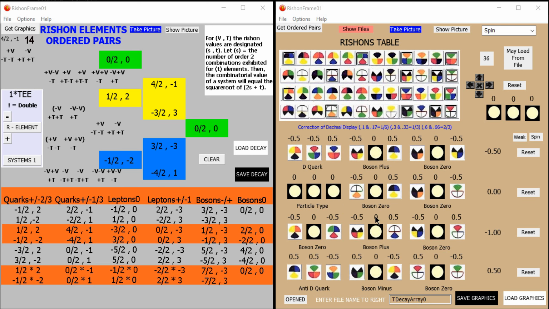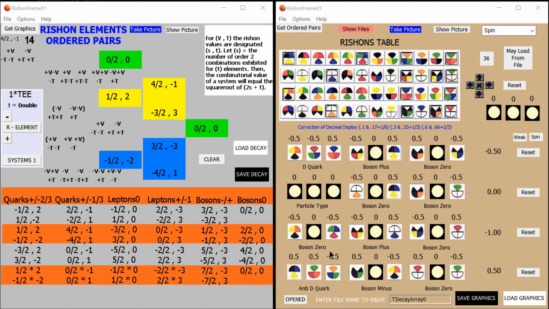composed by a pair of prime anti-T and T particles interacting with the scalar boson plus, and that composed this scalar boson 0 and this W particle composed of a V, a flavored V, and an unflavored T prime.